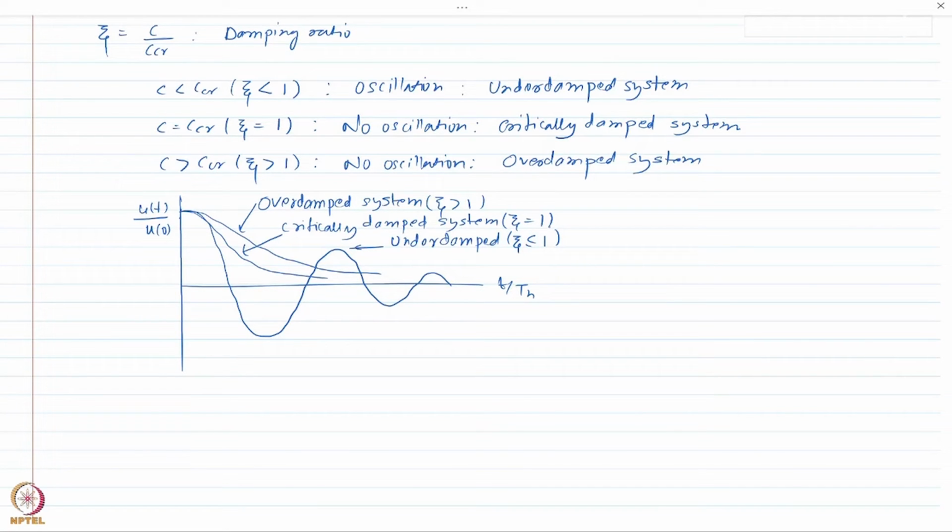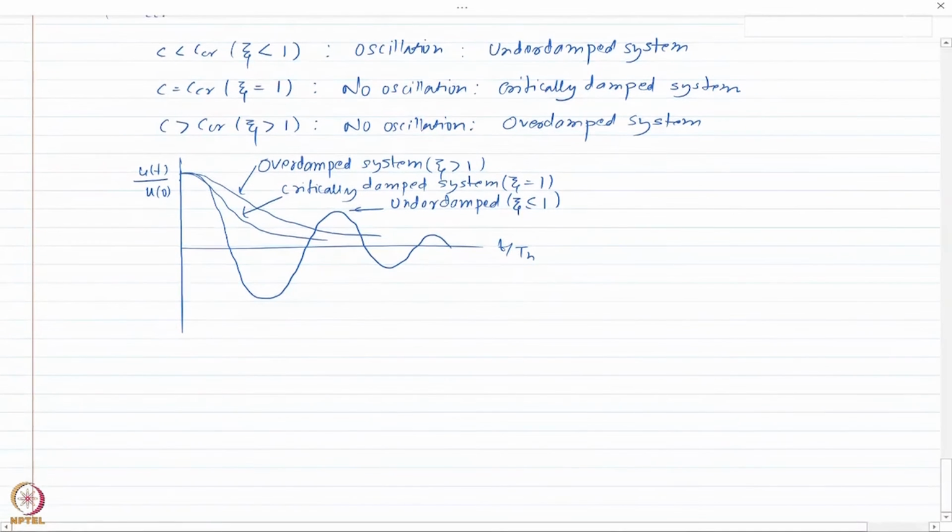Now in reality, most of the systems that are relevant to structural engineers, like bridges, buildings, other types of structures like chimneys, dams, etc., are actually underdamped systems.